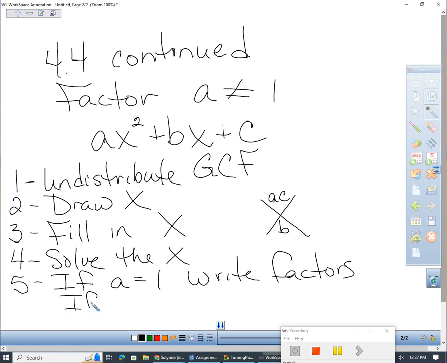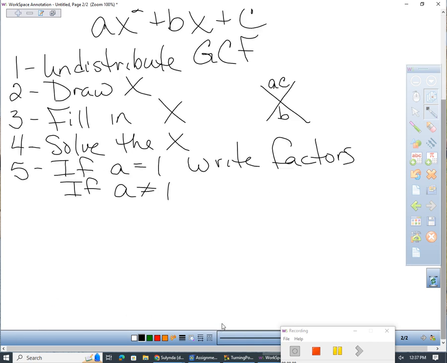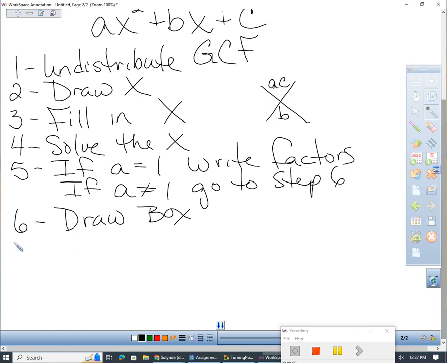If a does not equal 1, go to step 6. Step 6, we're going to draw a box. Step 7, we're going to fill in the box.